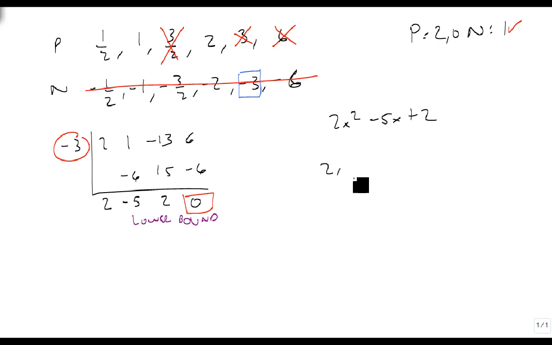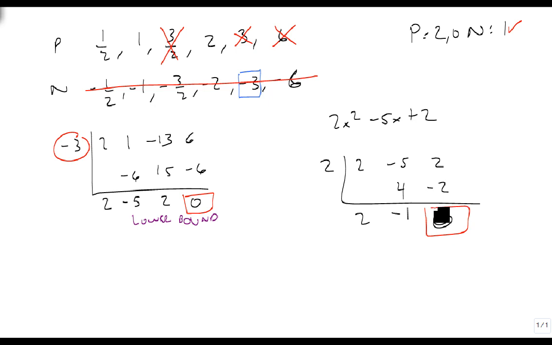Well, I'm kind of excited about the fact I only have 3 left to choose. So I'm going to pick the biggest one, the 2, and let's just see what happens with the 2. So we've got 2, minus 5, and 2. Bring down the 2, that's a 4, that's a minus 1, that's a minus 2, and there's a 0. And notice, again, I have my 0. So again, I found one of my positives.